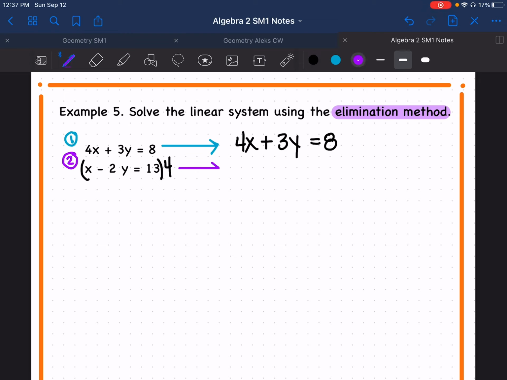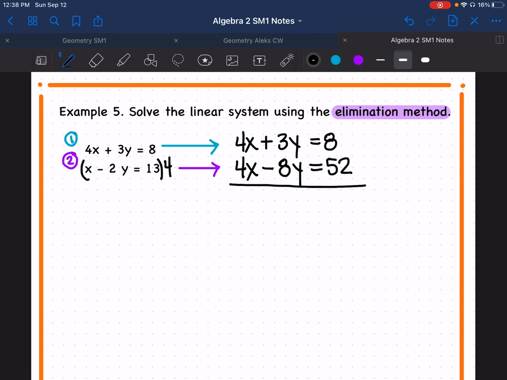I am going to go ahead and change equation 2 by multiplying everybody by 4. So I'm going to do 4 times x, 4 times 2, and 4 times 13. So I get 4x minus 8y equals 52.